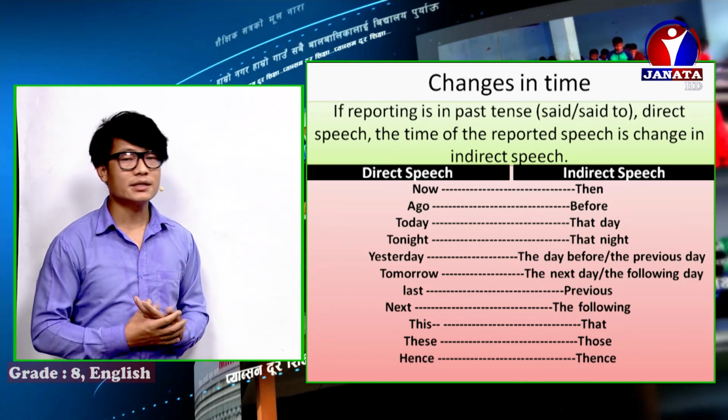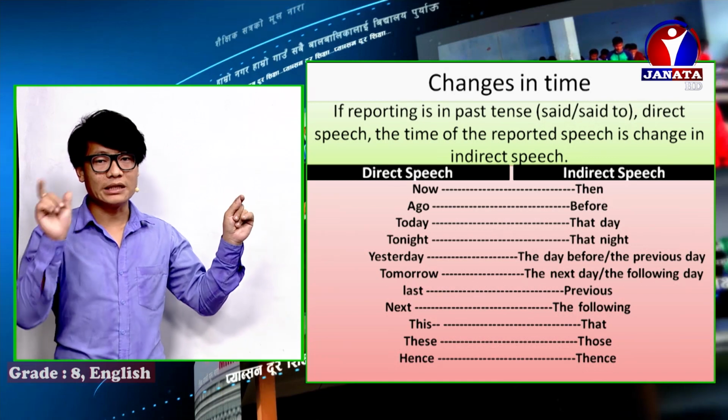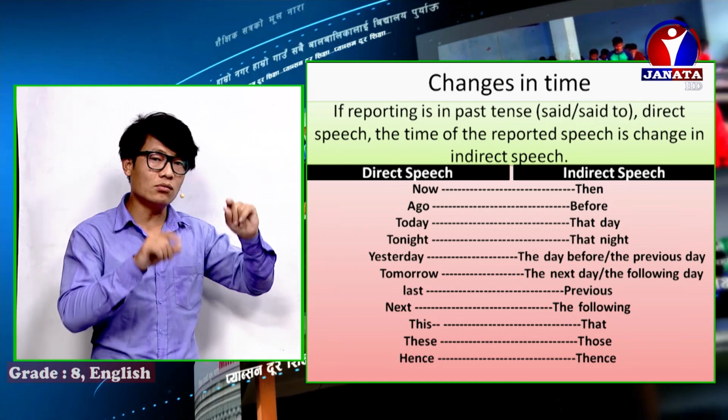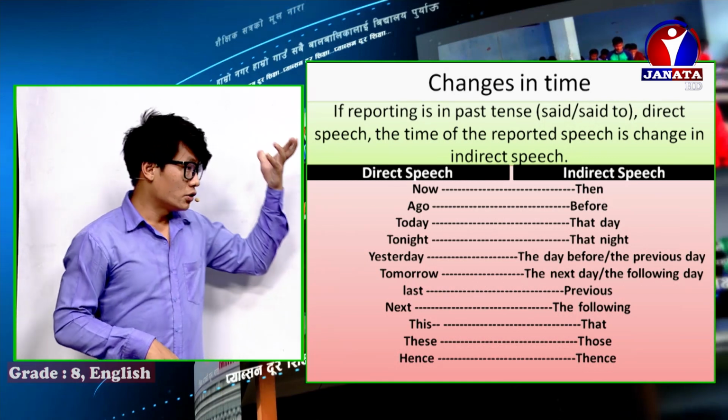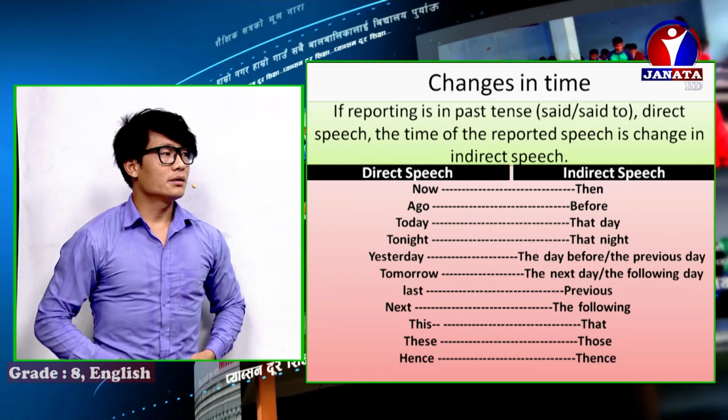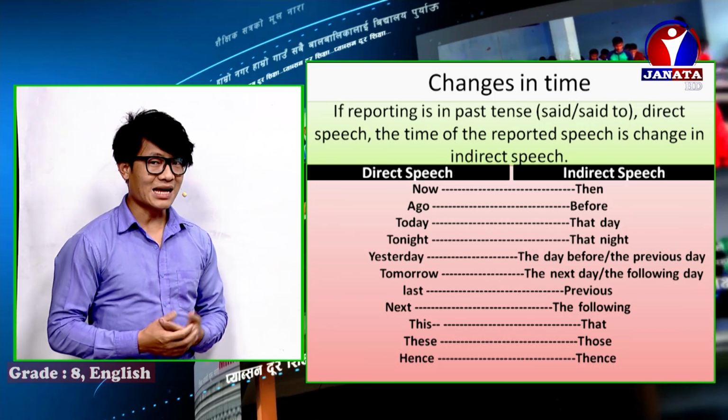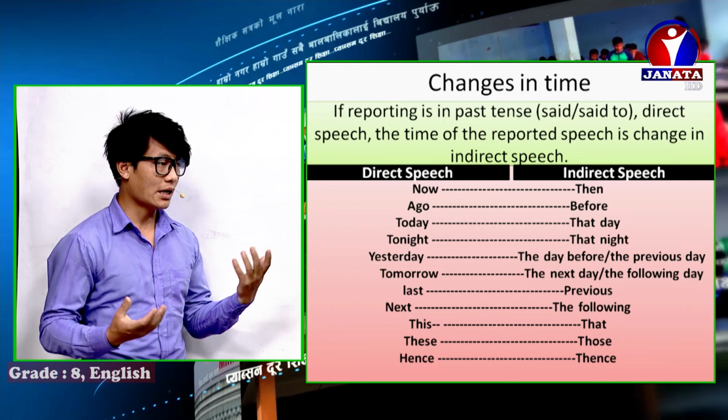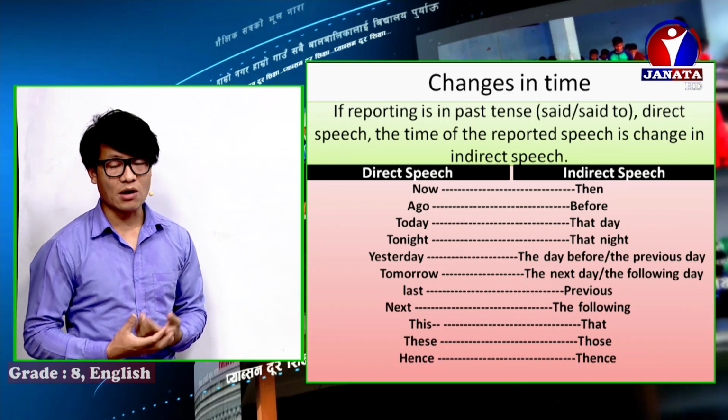So you need to change like this. Now, then. You need to write then in the place of now. Okay. So see this. You can download the video also, and you can watch this many times if you have any confusions.